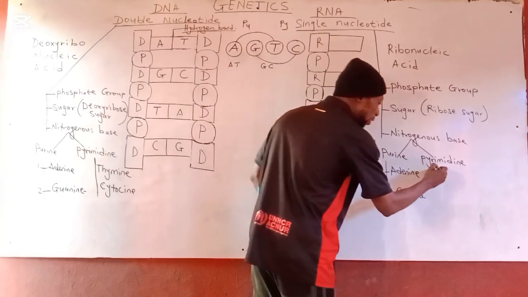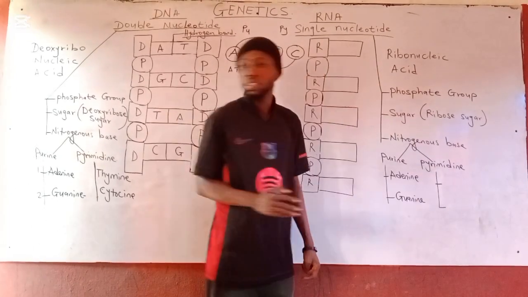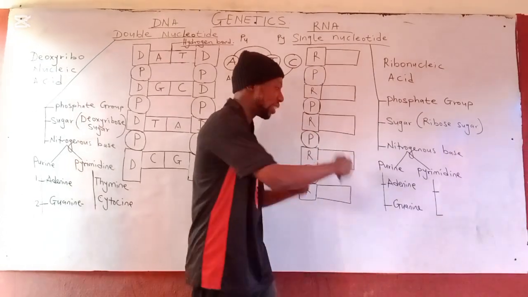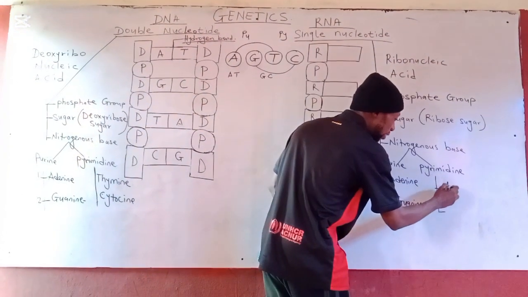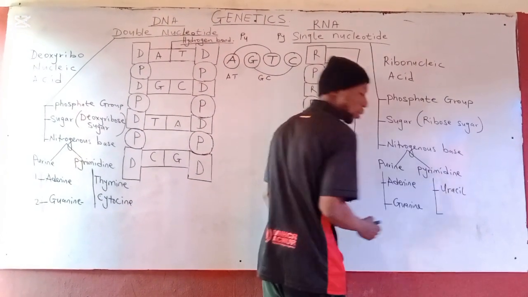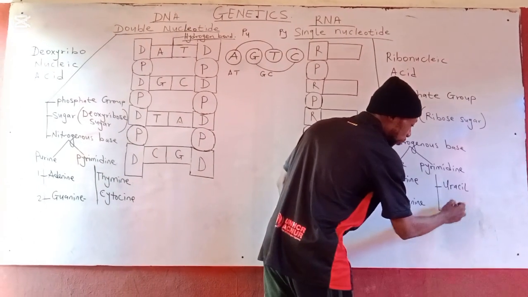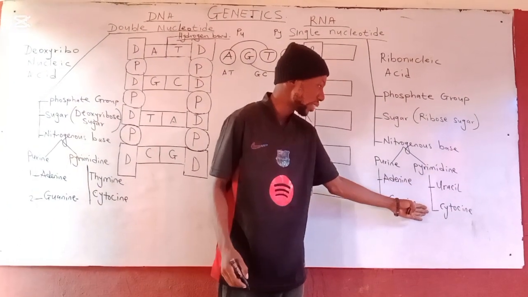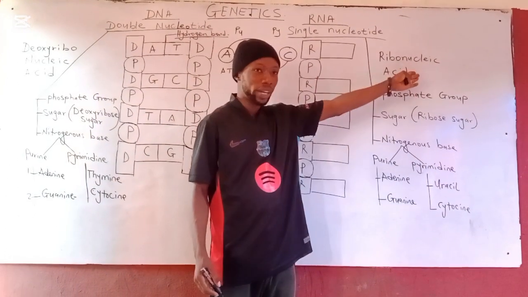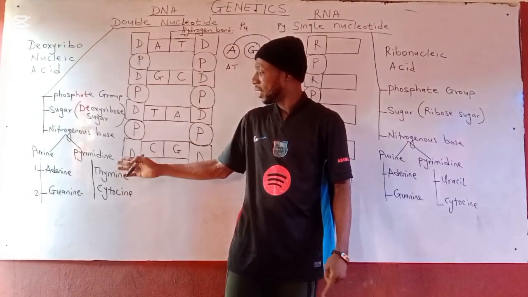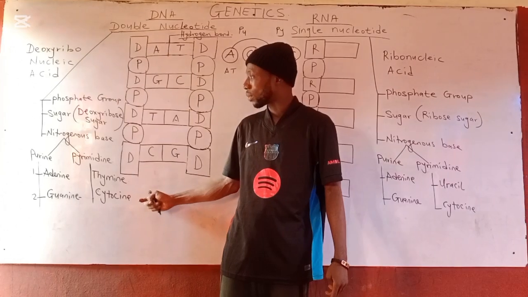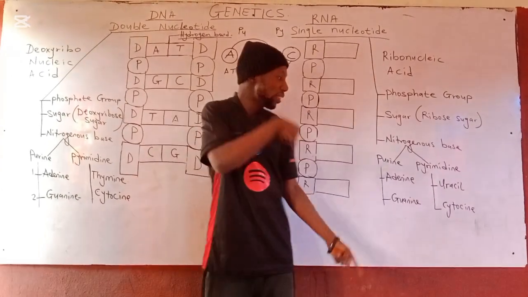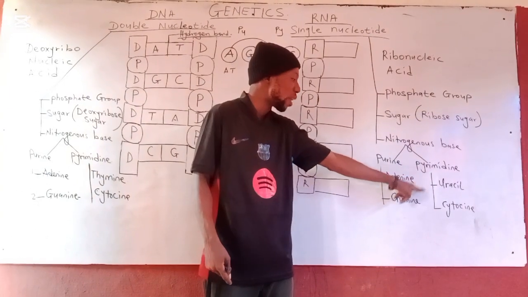Then the pyrimidines here: the thymine in DNA is replaced in RNA with uracil. Then we have cytosine. So uracil and cytosine are the pyrimidines in RNA. In DNA we have thymine and cytosine as the pyrimidines. Then the thymine is replaced with uracil in RNA.